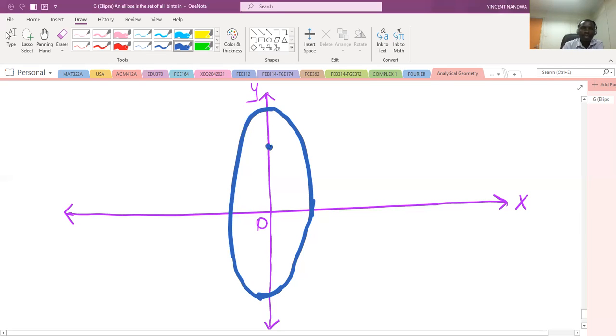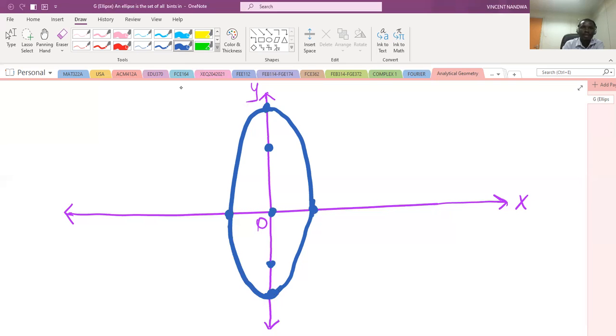Let one of the foci be here, this is the center, and another focus here. There's a vertex here, and there are co-vertices here.